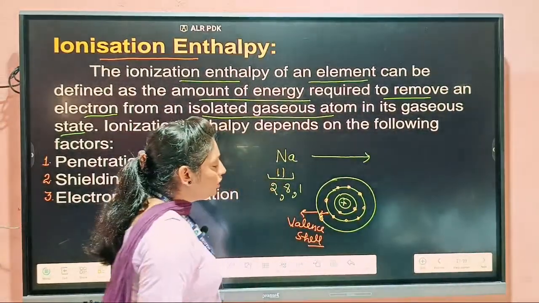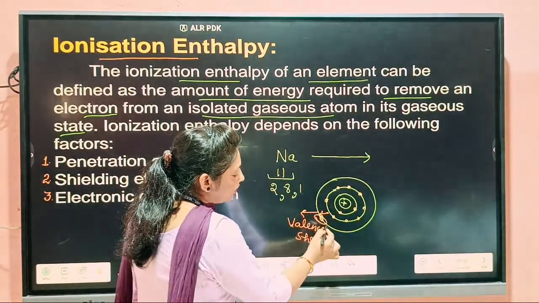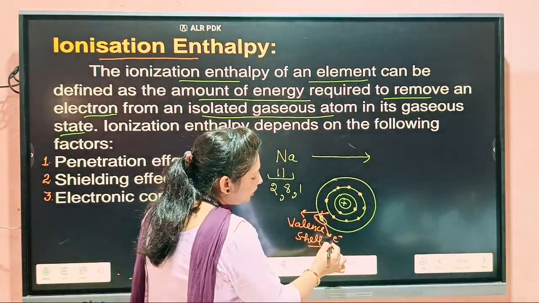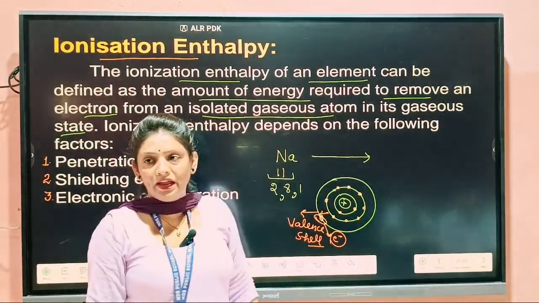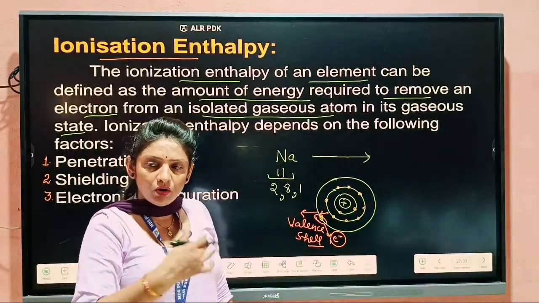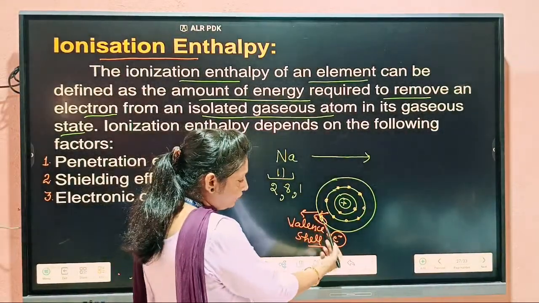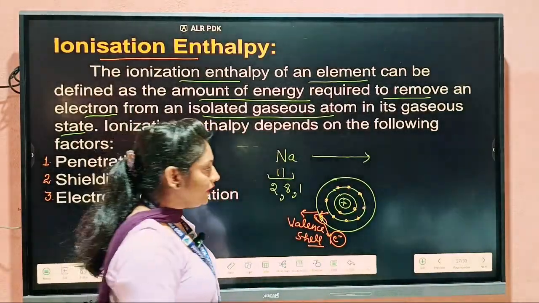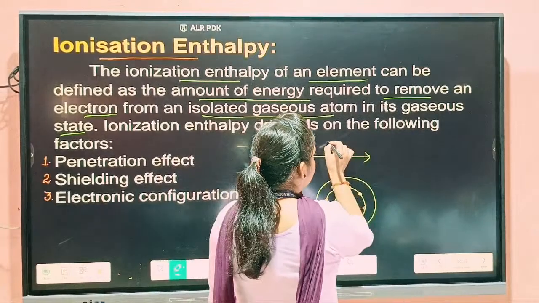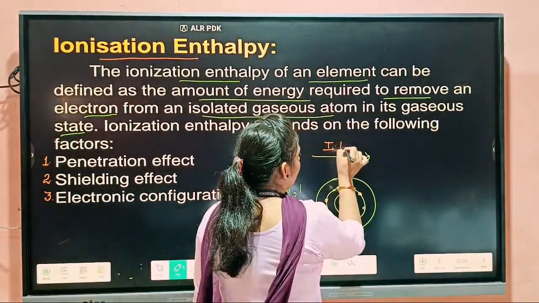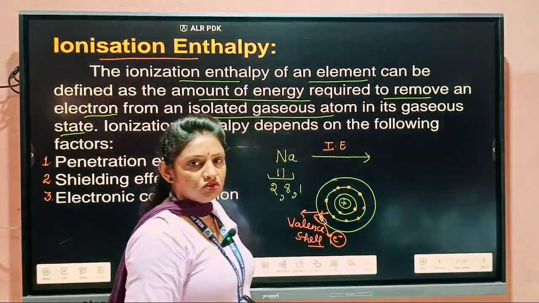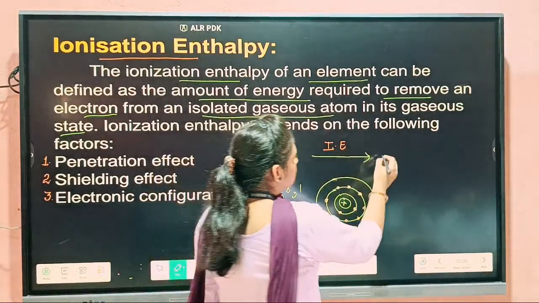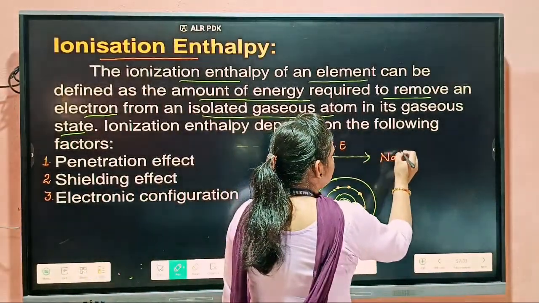So if we want to remove this electron, we need to provide some energy. And that amount of energy which is required for removal of the electron from the outermost shell is known as the ionization enthalpy. So we give some amount of energy, then it releases the electron.